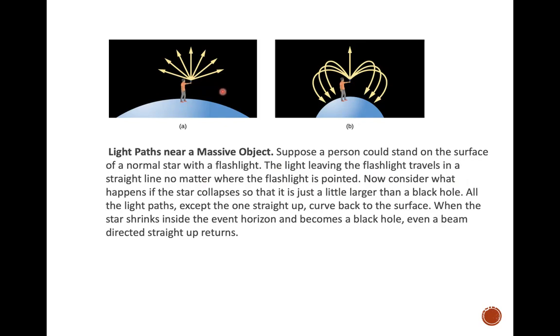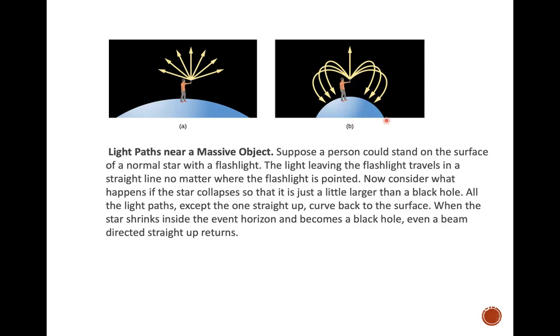So this is what we know up to now. Now, think that this is a very massive star, and this star collapses, and the size of the star becomes a little larger than a black hole. It's not a black hole, but it will be very close to a black hole, right? So if it collapses into a very dense object which is very close to a black hole, that's what you can see in the right hand image, right?